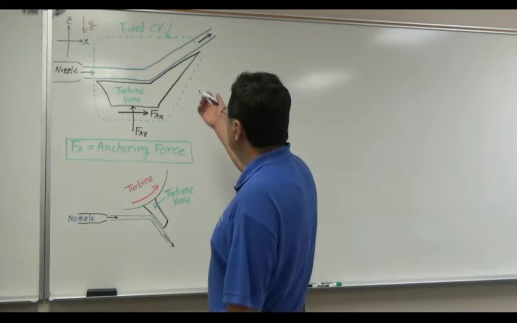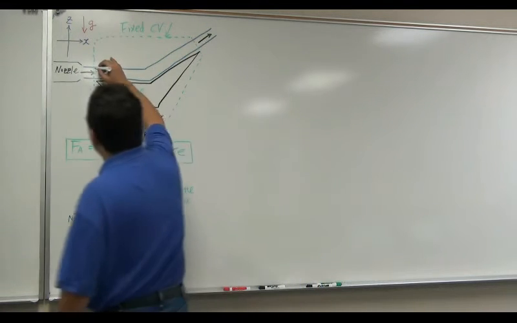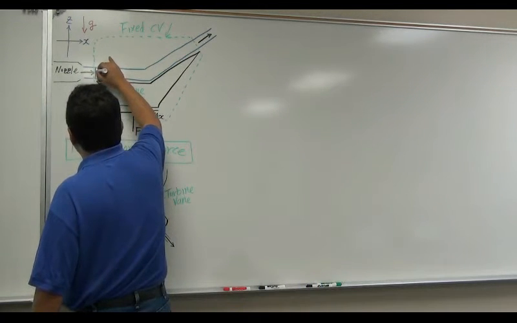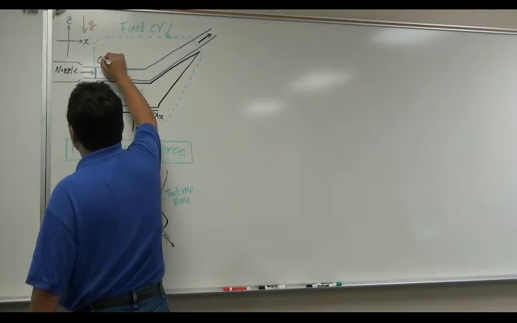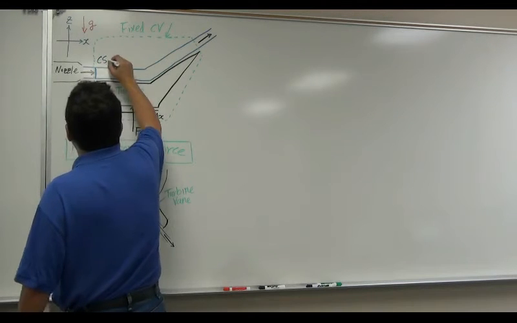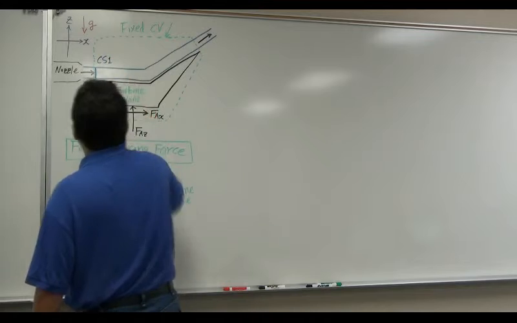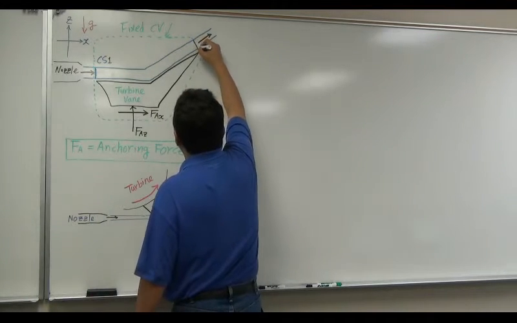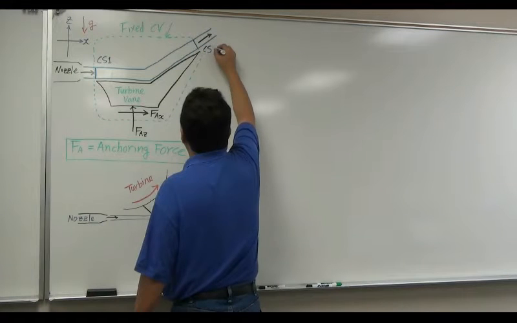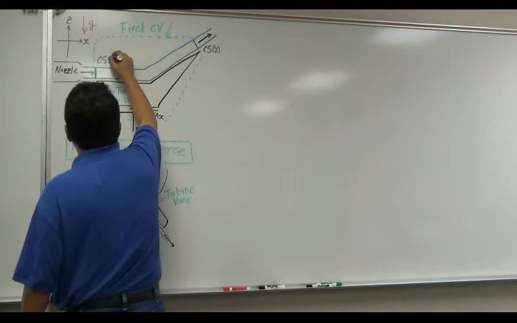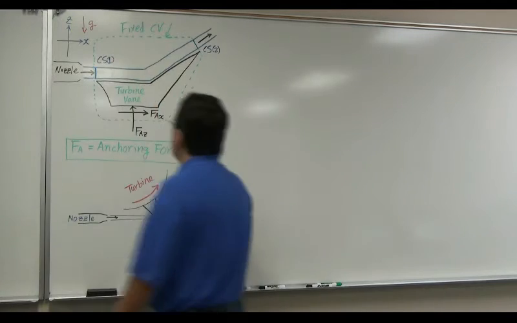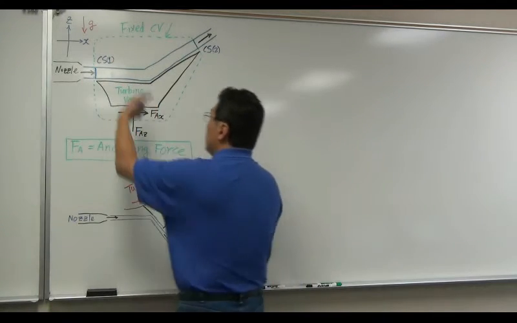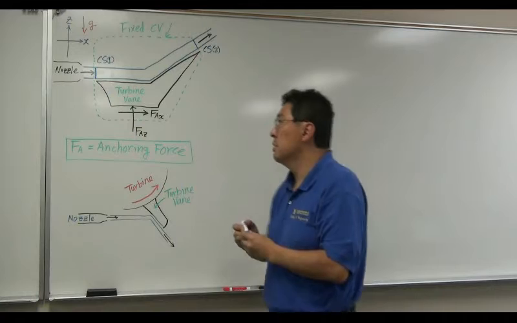Then as you define your control volume, you automatically define the control surface. This is a control surface. Let's call this control surface 1 and this control surface 2. This is the incoming control surface, and this is the outgoing control surface.